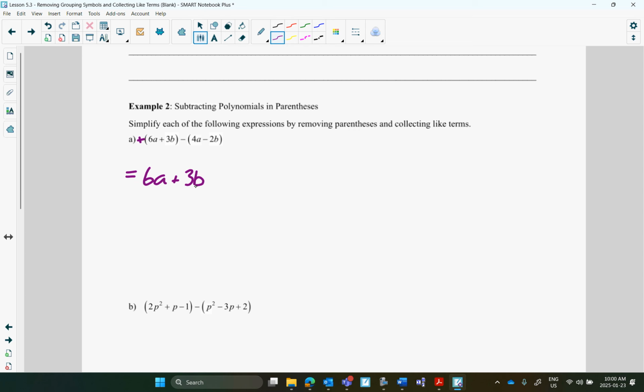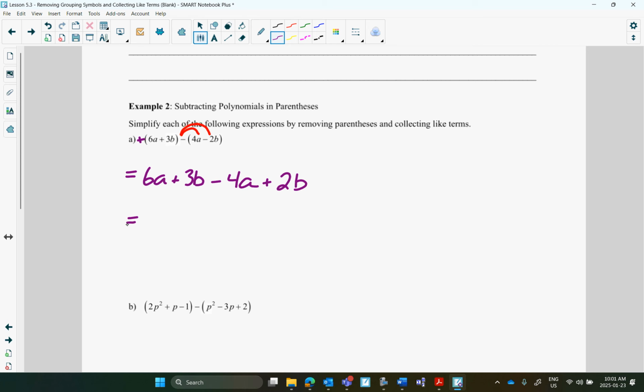However, you've got to be careful when there's a subtraction. Remember, we have to subtract every term inside. When you do that, you'll get minus 4a. And what does the last one become? Positive 2b. Because when we subtract a negative, it becomes a positive. So notice the signs change when it's subtraction. So we've got to be really careful about that.